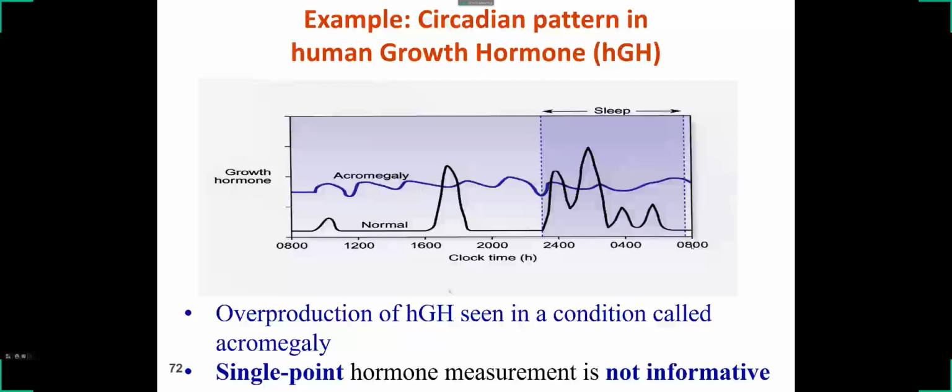In this case, a single point hormone measurement is not that informative, right? Because imagine you're just measuring at some of these peaks. So you'll have to check it multiple times to check growth hormone. To do that, what we can do is one of those interventions that we discussed.